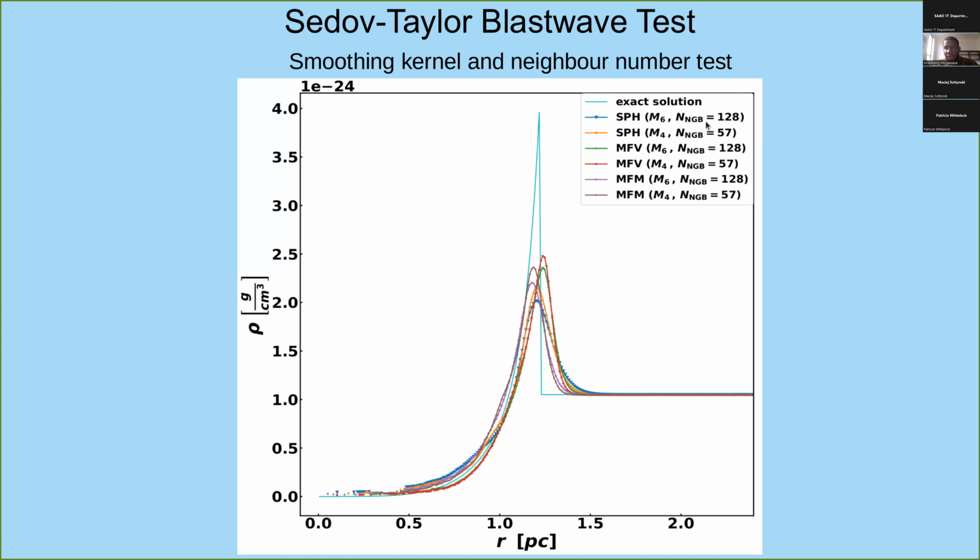So the higher the kernel you apply, in this case, say you have SPH with M6 kernel with 128 neighbors compared to M4 kernel with 57 neighbors, there's the blue curve. And you will see that the density here is much lower than the density in the lower kernel.